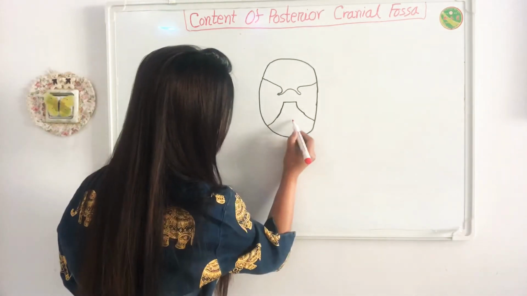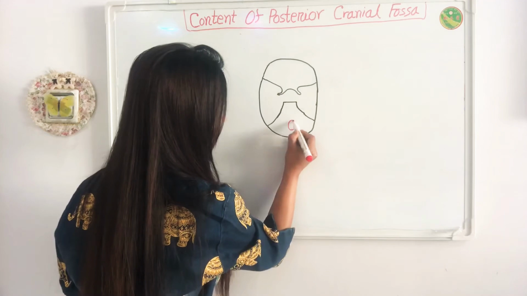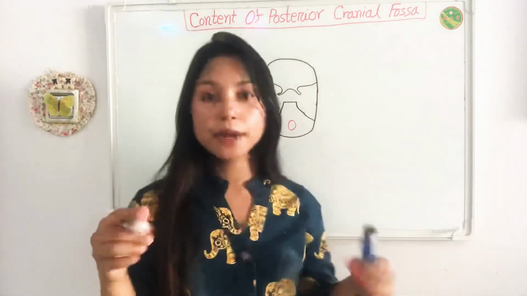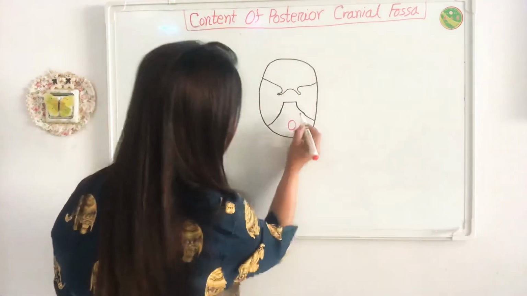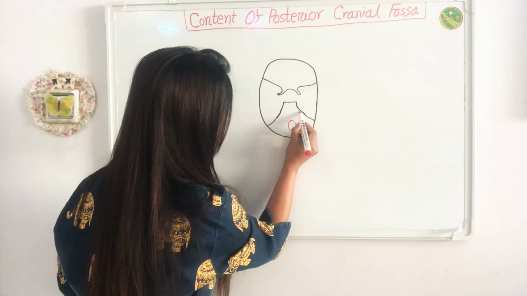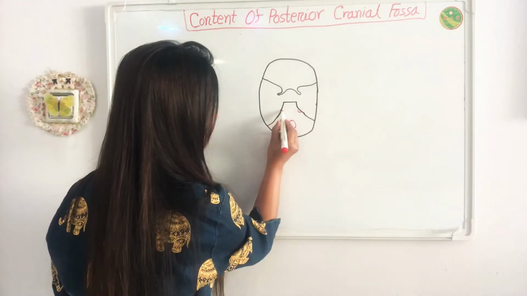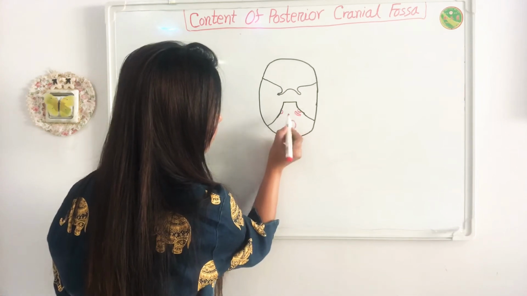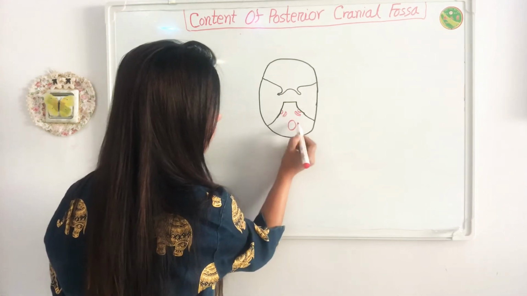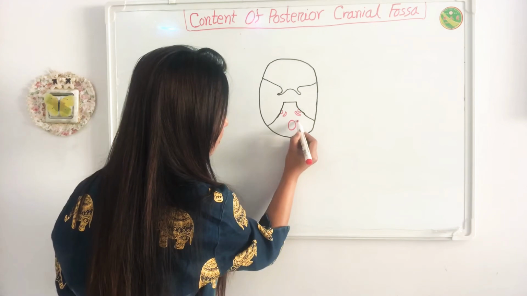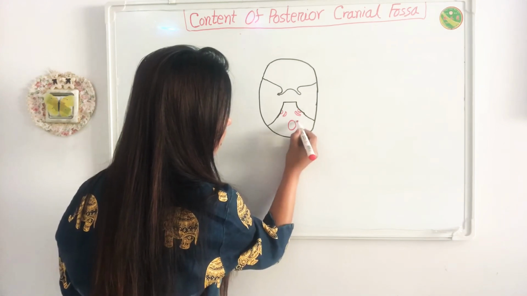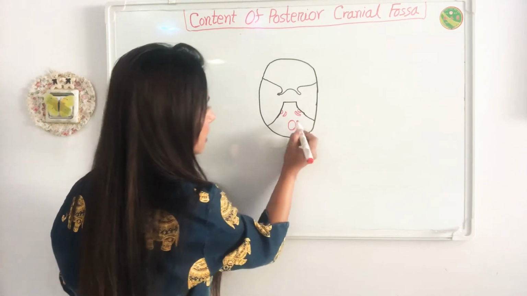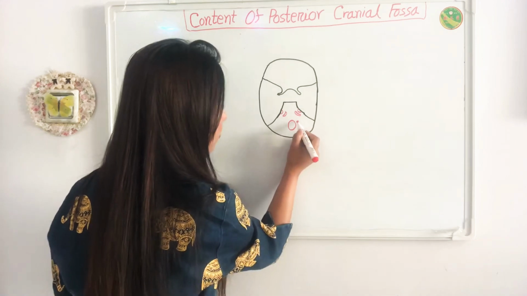In the posterior cranial fossa, this big foramen is the foramen magnum, and this is the internal acoustic meatus, present on both sides, then the jugular foramen, and one small foramen, this is the hypoglossal canal.